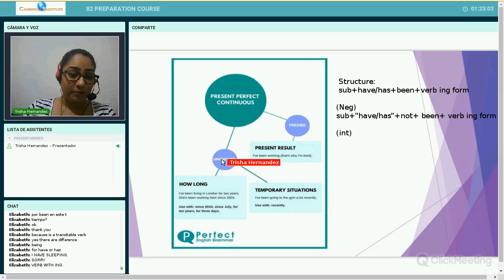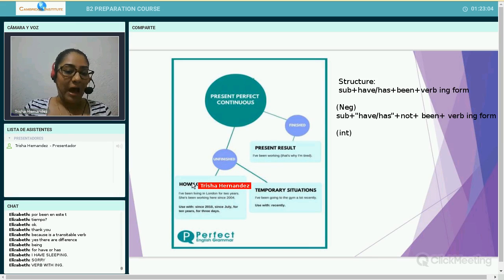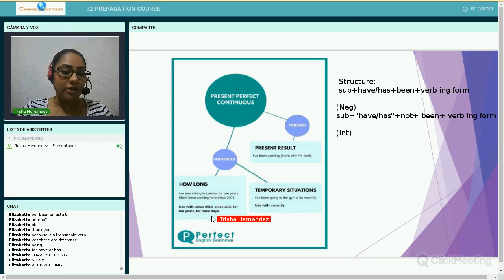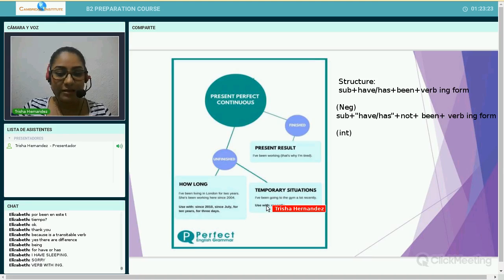That's why I'm tired. Unfinished actions. How long and temporary situations. I've been living in London for 2 years. She's been working here since 2004. We use with since 2010, since July, for 10 years, for three days.